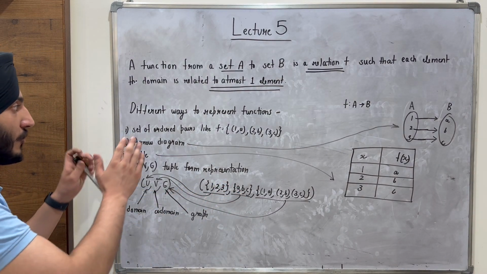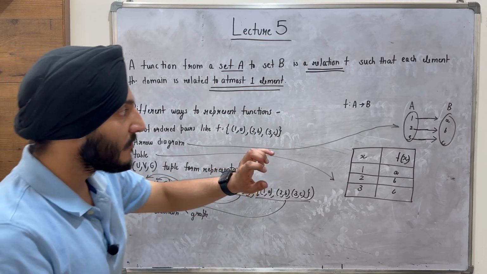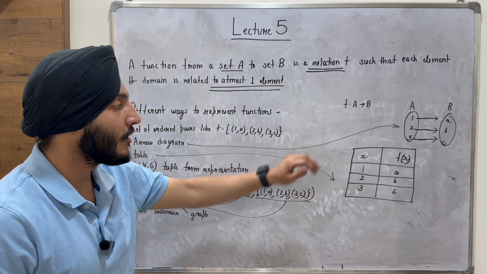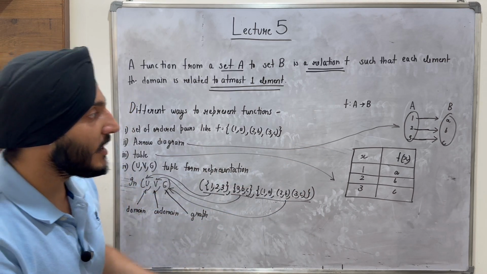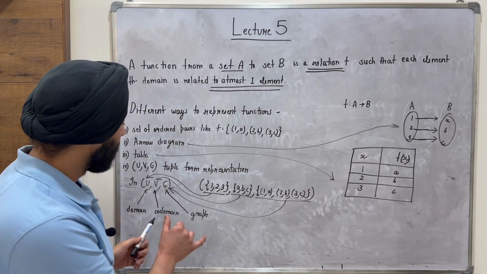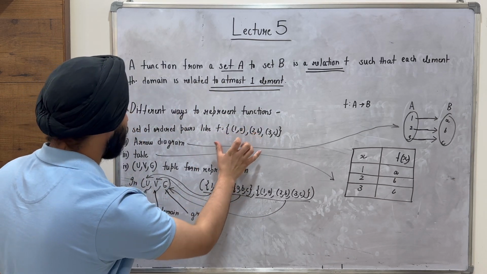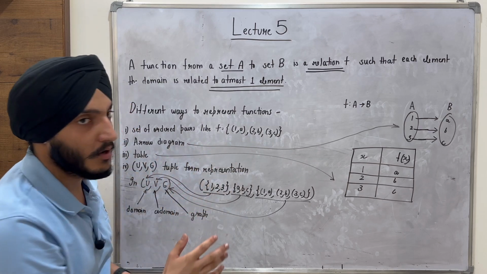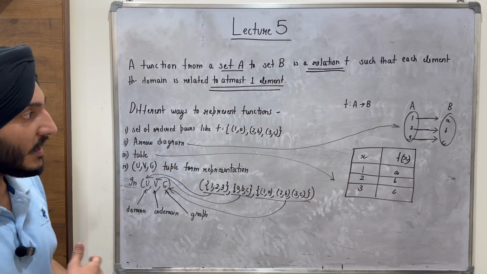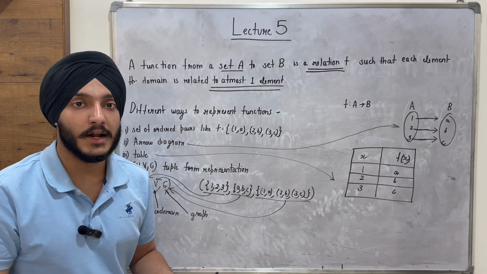Now you should have a good understanding about all these representations. When you see a representation, you should be able to convert it into any other form. So if I give you the arrow diagram representation, you should be able to convert it into the UVG form or into the ordered pair form, the arrow diagram, or the table, right? The reason I'm saying this is in any of the questions, you could be given any form, right?